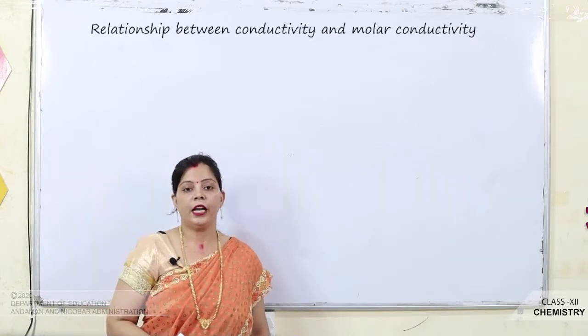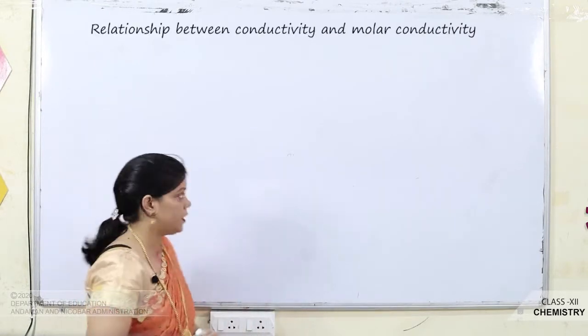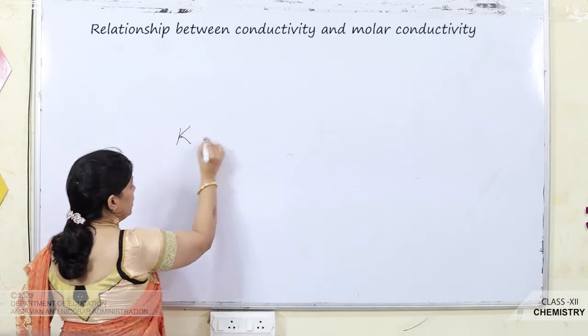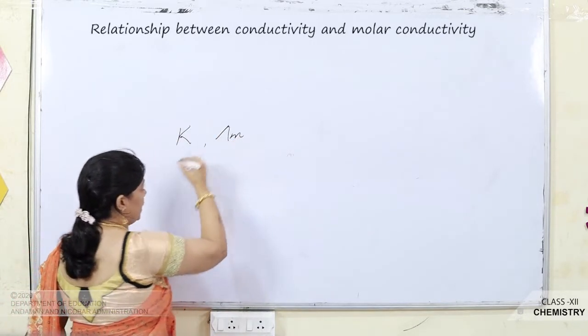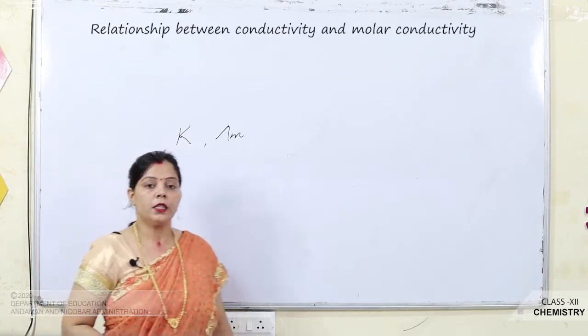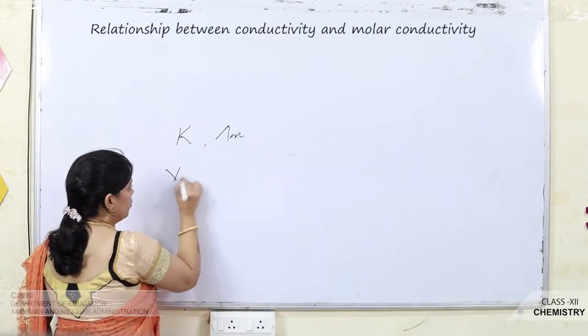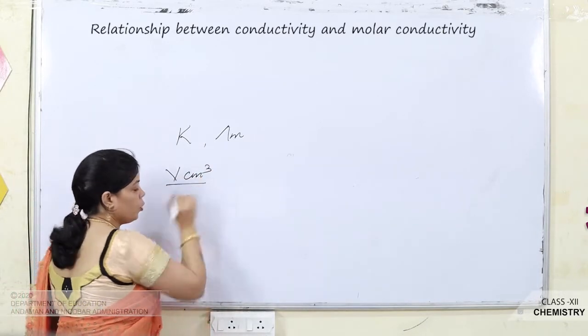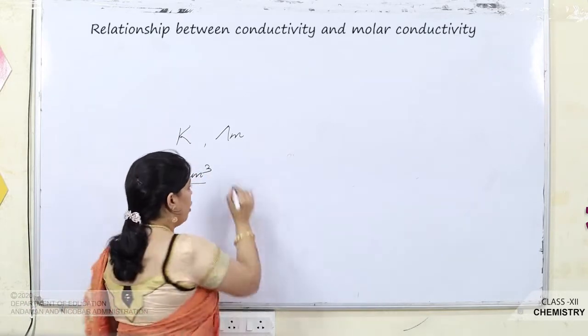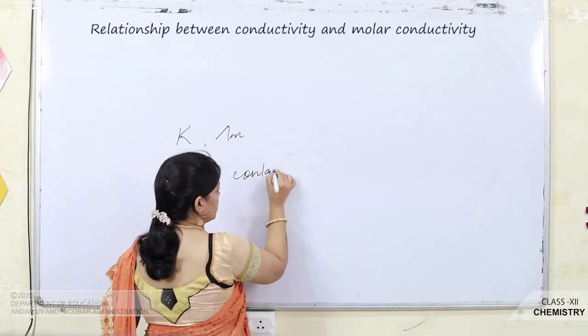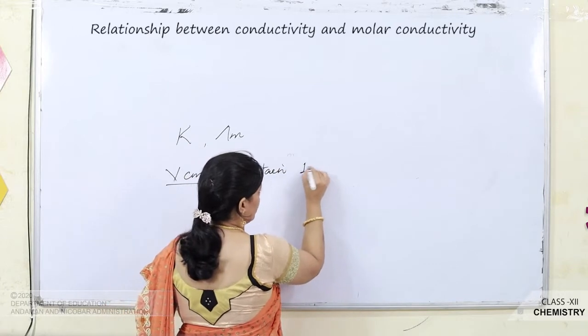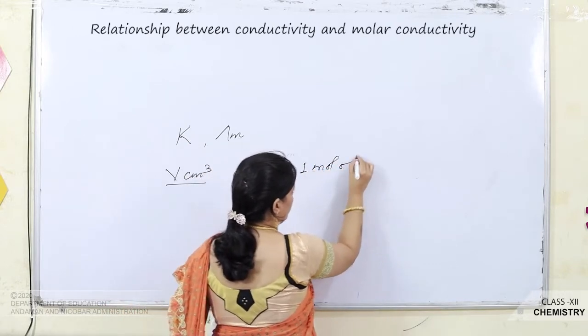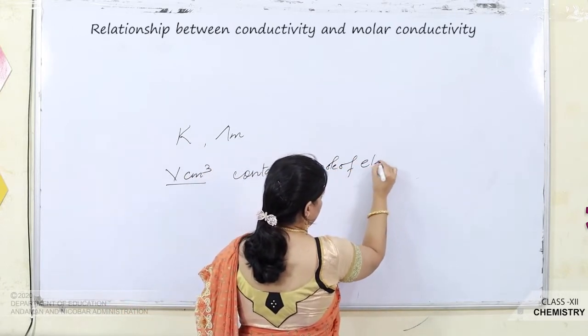In order to derive the relation between the conductivity, kappa, and the molar conductivity, kappa m, let us assume that V centimeter cube volume of the solution contains 1 mole of electrolyte.